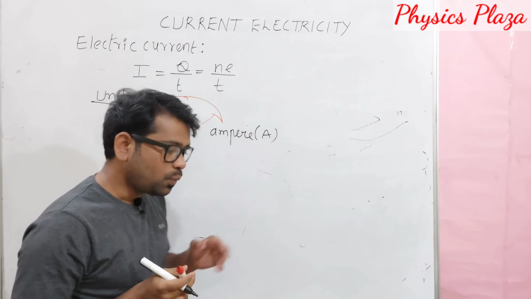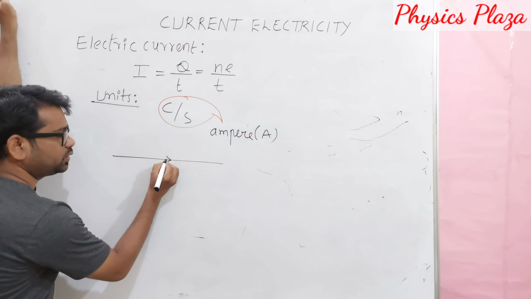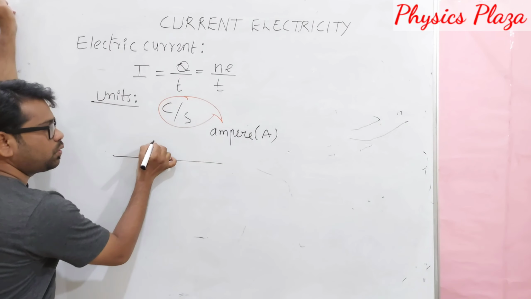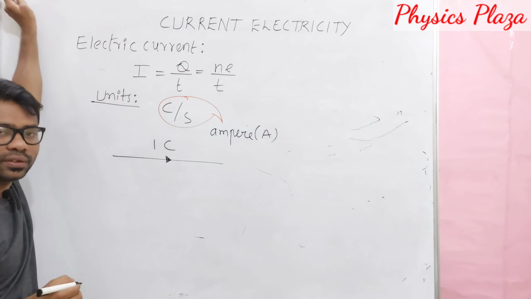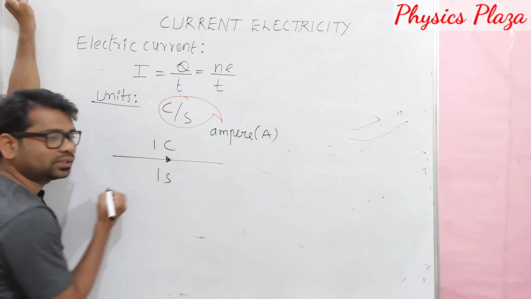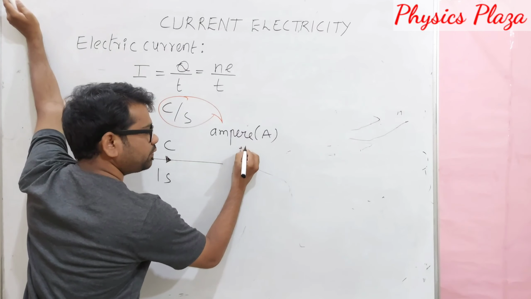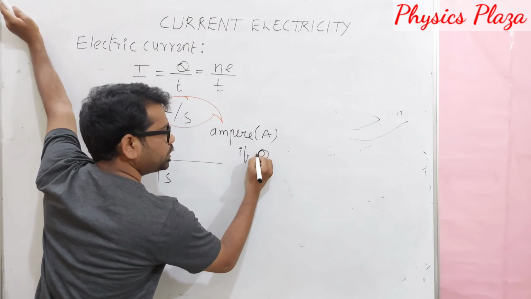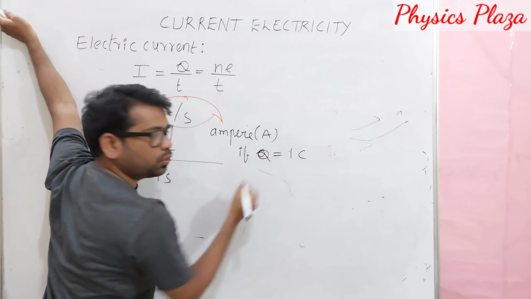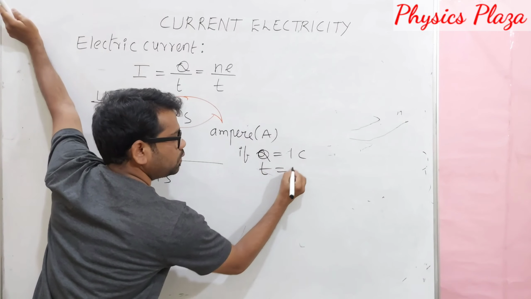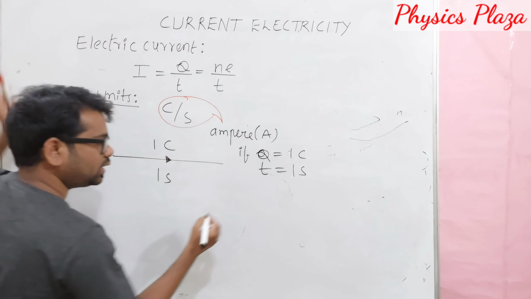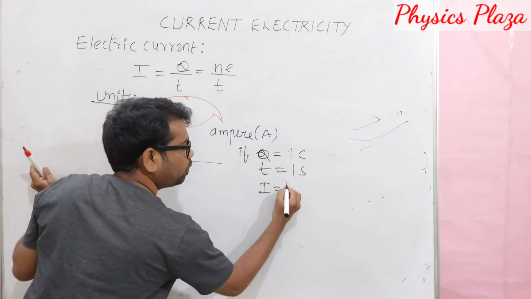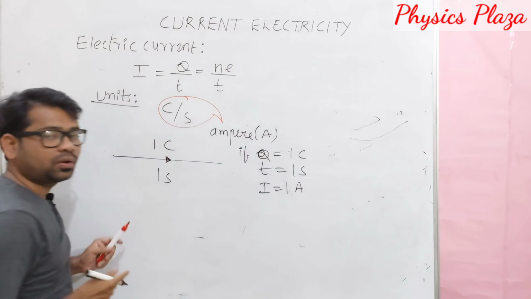But children, what is ampere? Let us see here. For example, here is a conductor through which 1 coulomb charge is flowing in 1 second. That is, if Q is equal to 1 coulomb and time is equal to 1 second, then current will be 1 ampere.